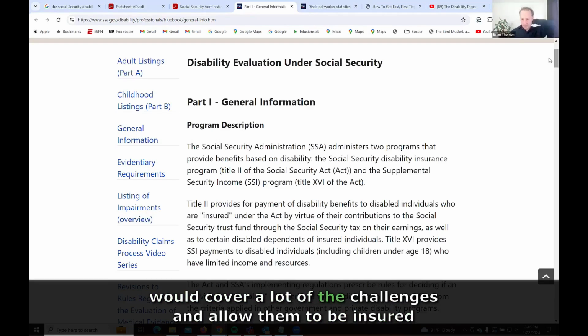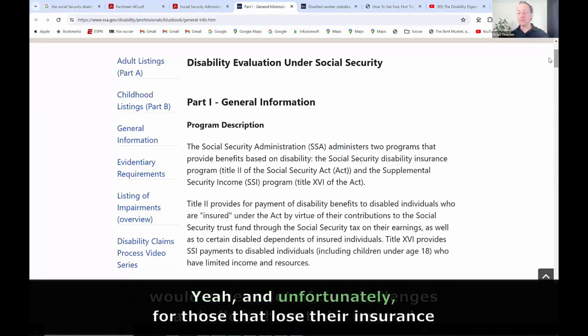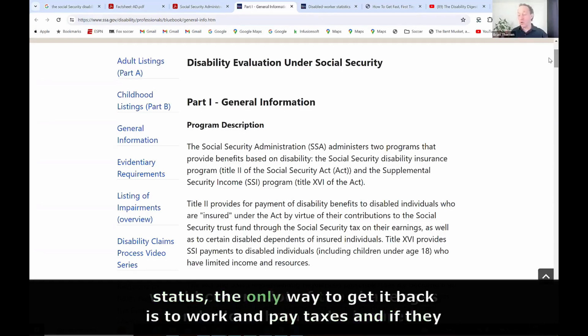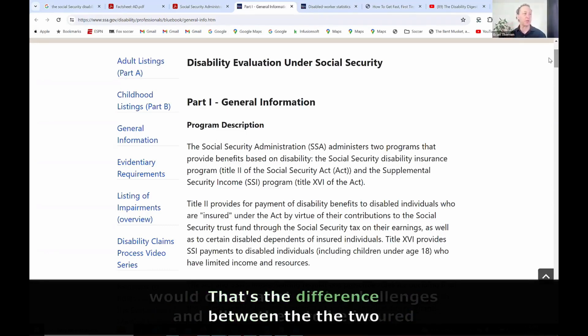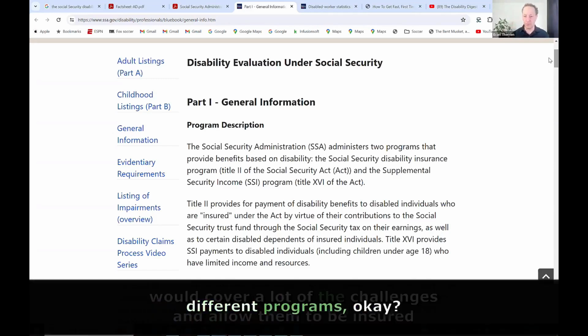So that's the difference. And unfortunately, for those that lose their insured status, the only way to get it back is to work and pay taxes. And if they could work, they likely would work in the beginning. So that's the difference between the two different programs.